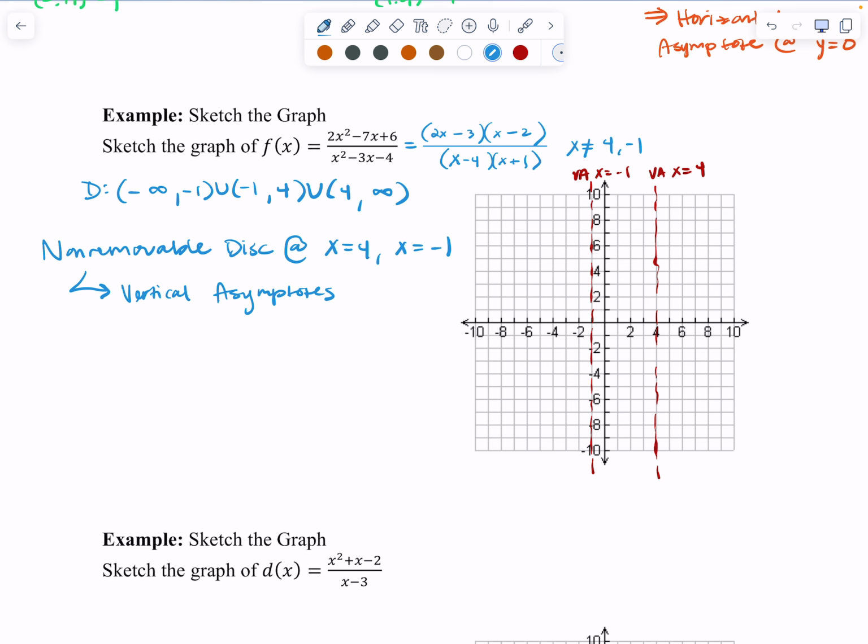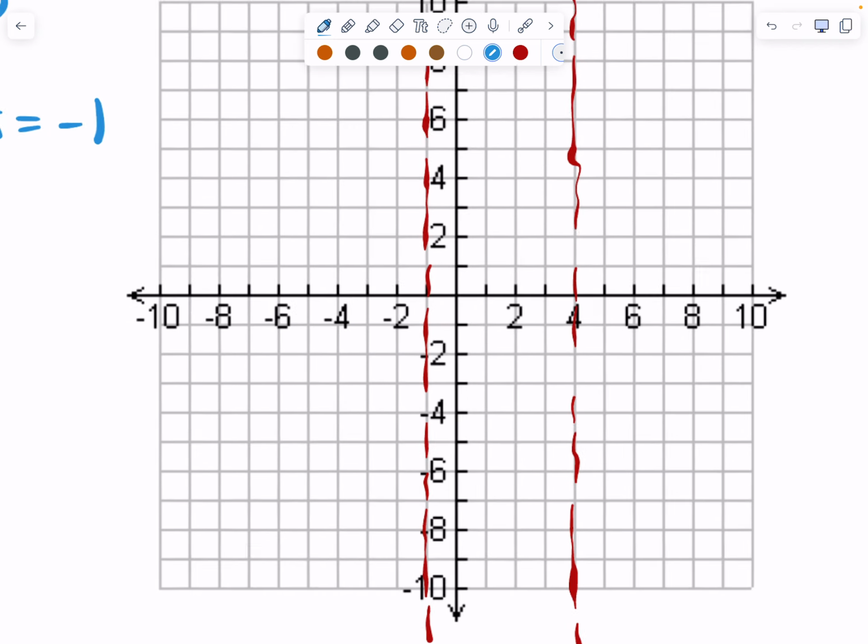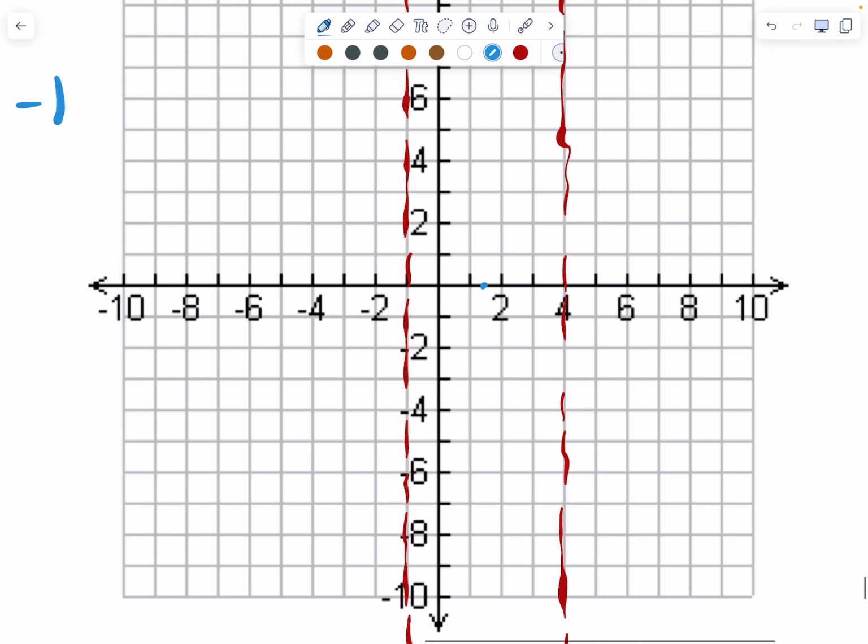How about x-intercepts, you guys? Yeah, 3/2, comma 0, and then 2, comma 0. We can plot both of those. Oh, they're really close together, huh?